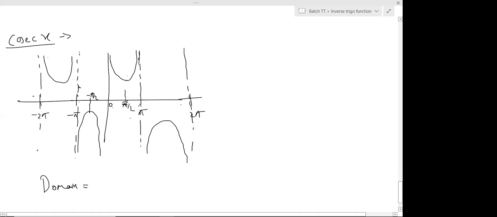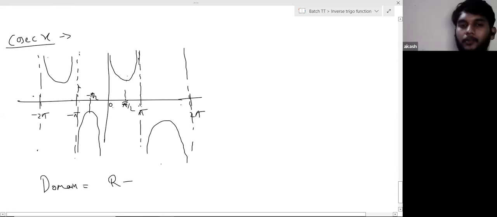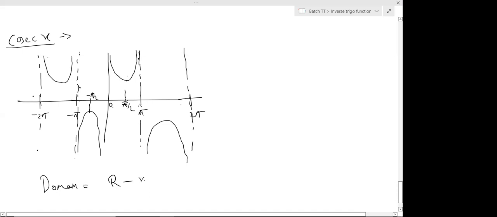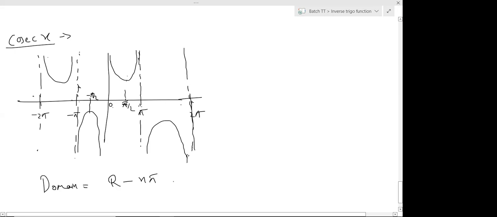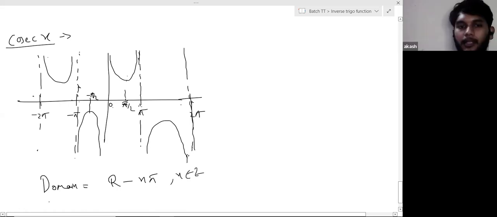The domain will be all values except the integral values of pi. See, at 2 pi also this is becoming infinite, the dotted lines, absolutely right. So n belongs to integers.